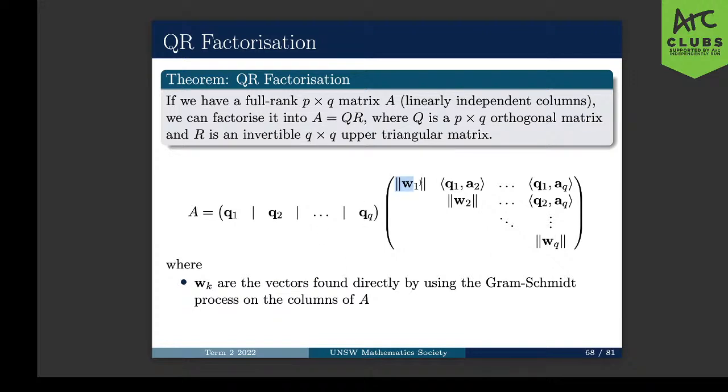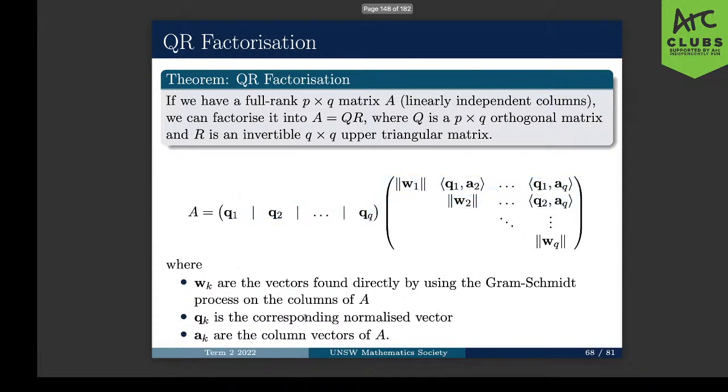Here, the W vectors along this diagonal are just the vectors found by applying the Gram-Schmidt process on the columns of A. The qk are the normalized vectors of these, just rescaled versions of the W vectors so that they form an orthonormal basis. The a's are the column vectors of A, so ak is the kth column of A. And if we have that, then for the QR factorization we just sub in all of those, and we get our desired result.